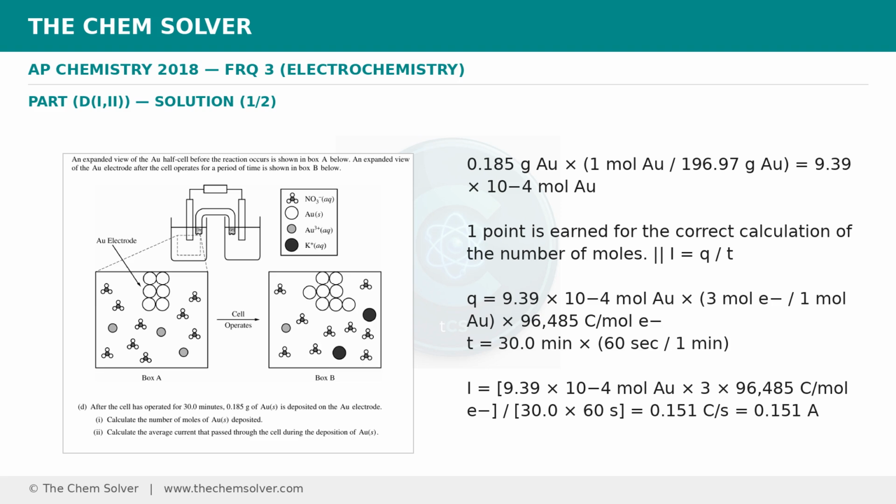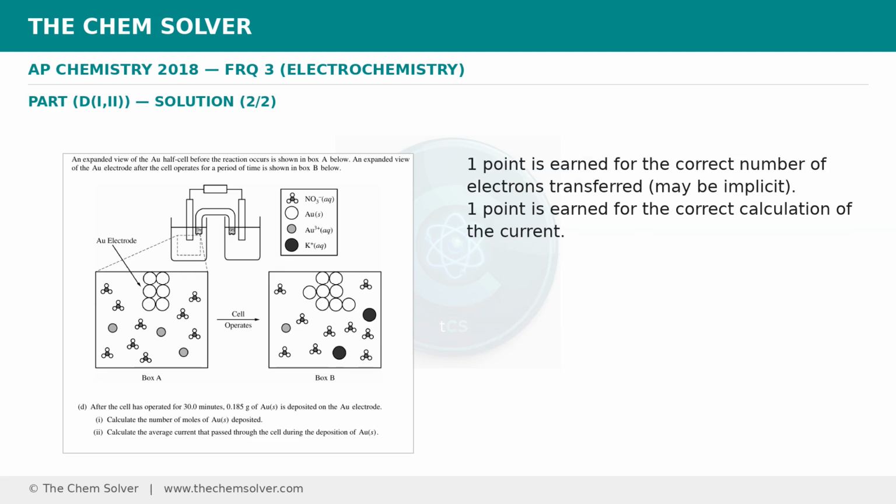I equals 9.39 times 10 to the power minus 4 moles Au times 3 times 96,485 C / mole e minus, divided by 30.0 times 60 s, equals 0.151 C/s equals 0.151 A. 1 point is earned for the correct number of electrons transferred, may be implicit. 1 point is earned for the correct calculation of the current.